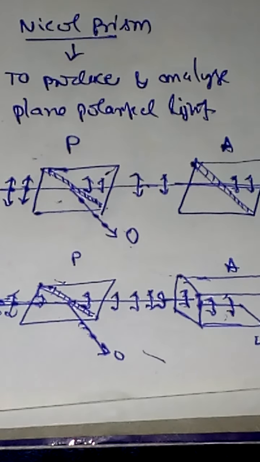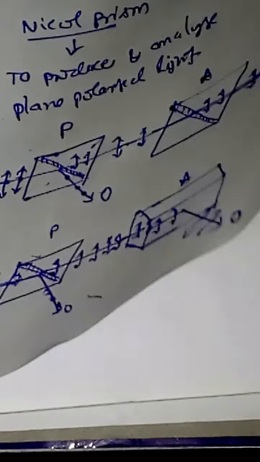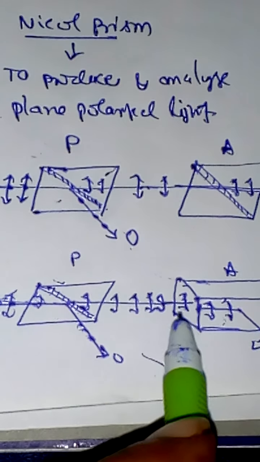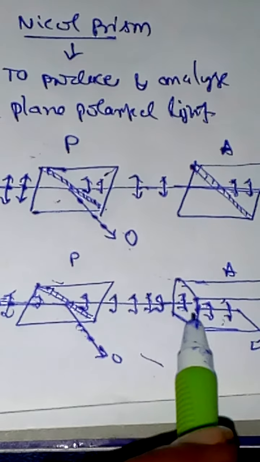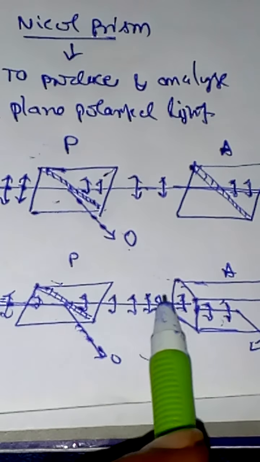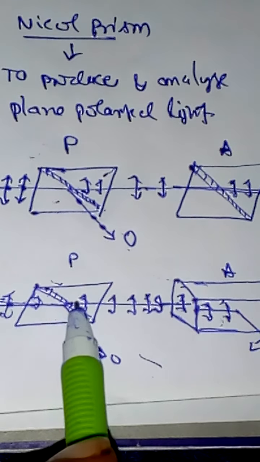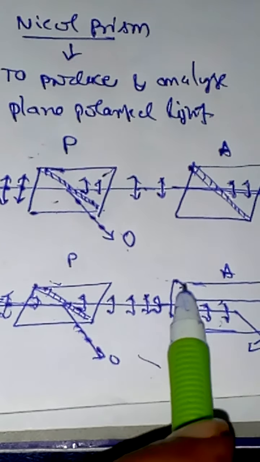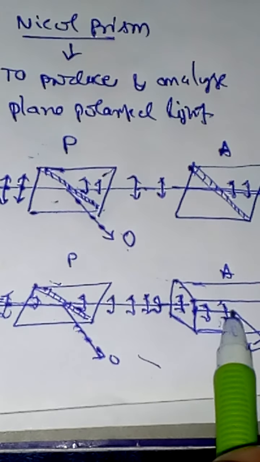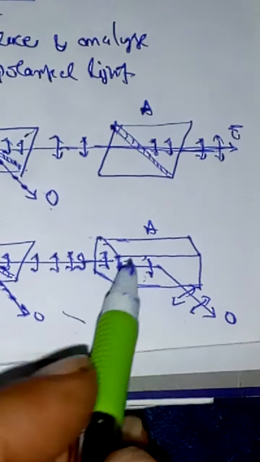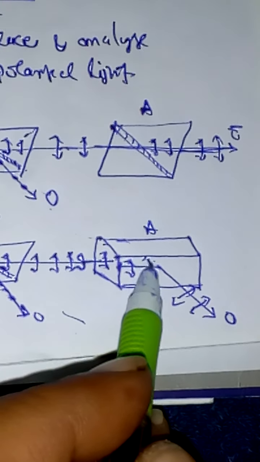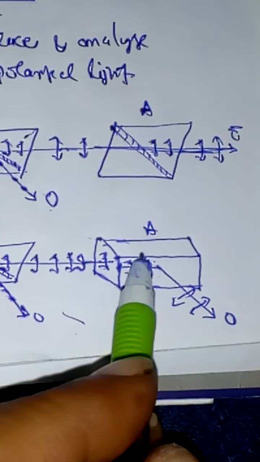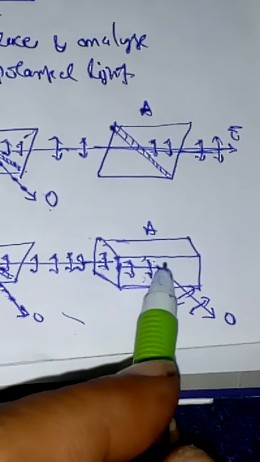Now in the second case, a very interesting thing is happening. Up to this point it is common. If you make the second Nicol prism a rotating one, that means if the second Nicol prism is rotated by taking the incident beam as the axis, then the emergent beam from the second Nicol prism is extinguished two times and has maximum intensity two times with one complete rotation.